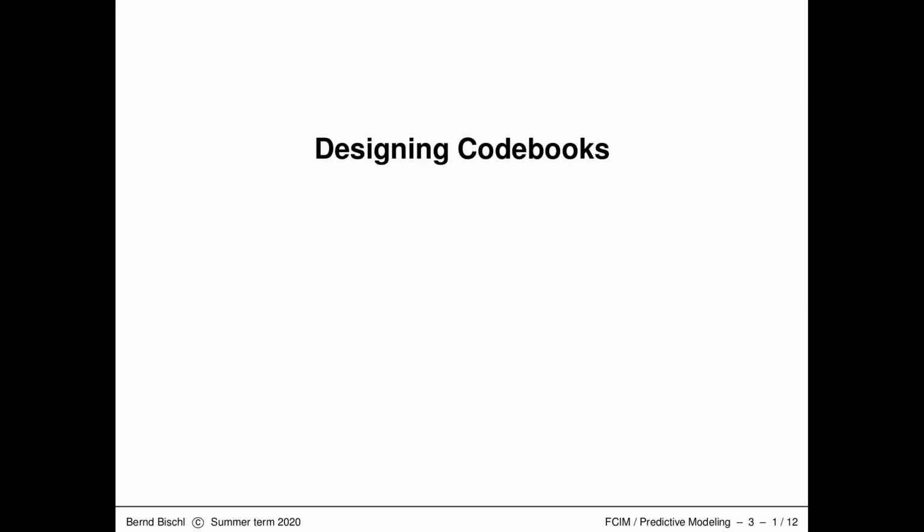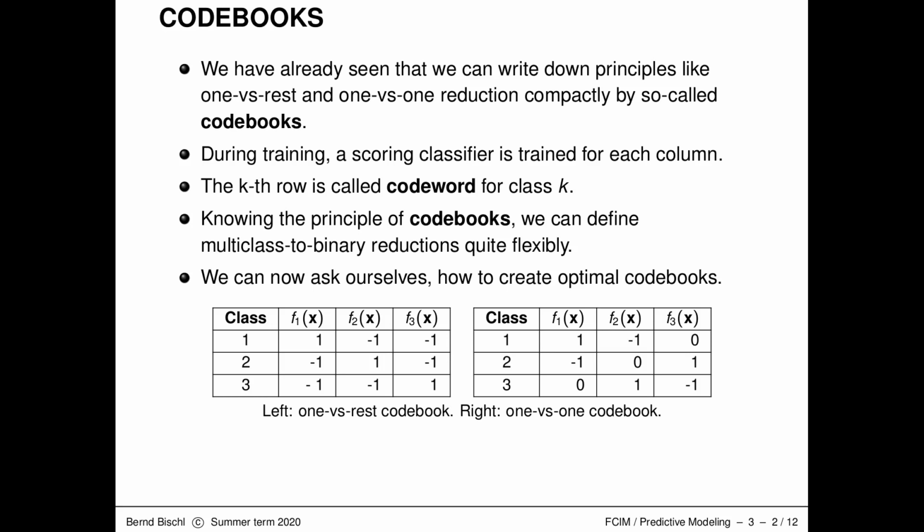So we have already seen how we can write down schemes like 1 versus rest and 1 versus 1 compactly by these so-called codebooks. And these codebooks define in their columns how our binary subproblems are defined.